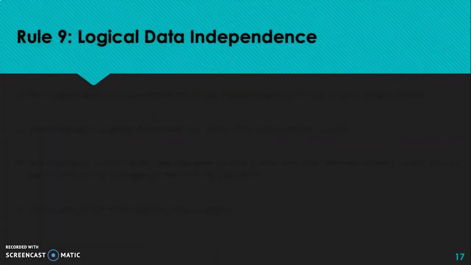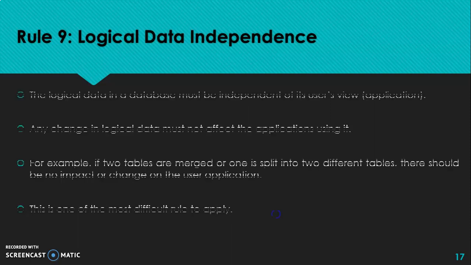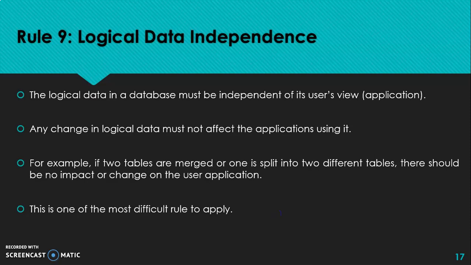Next we have the logical data independence, that is rule number 9. The logical data in the database must be independent of its user's view. We have seen this concept of logical data independence. So if the logic has been changed, it should not affect any application. Any change in a logical data must not affect the application that is using it.